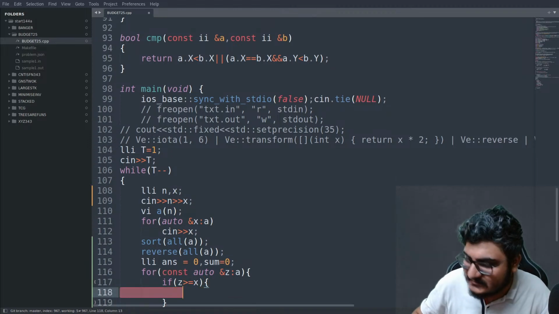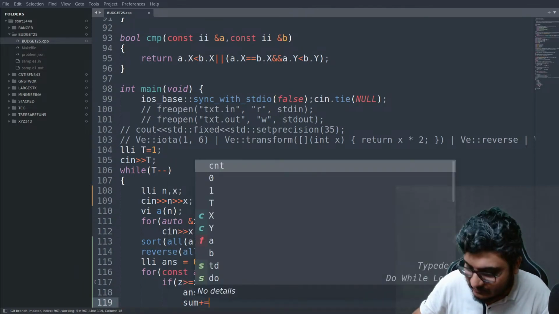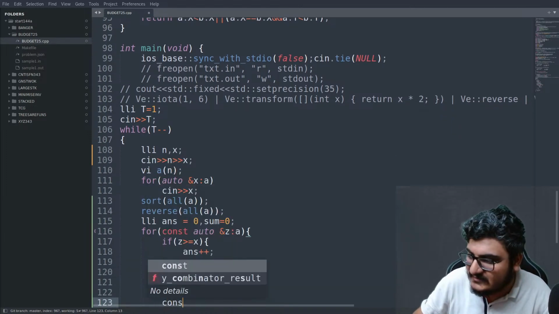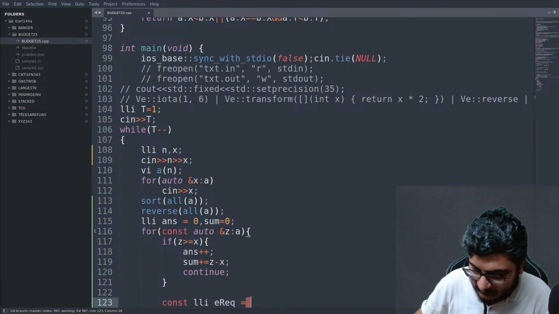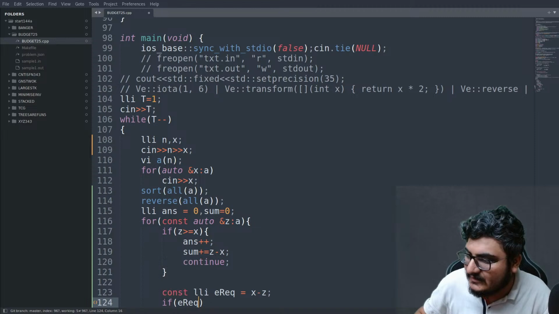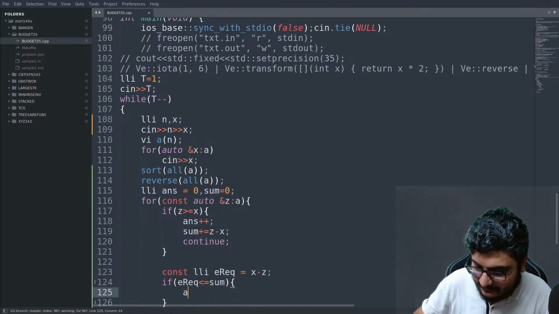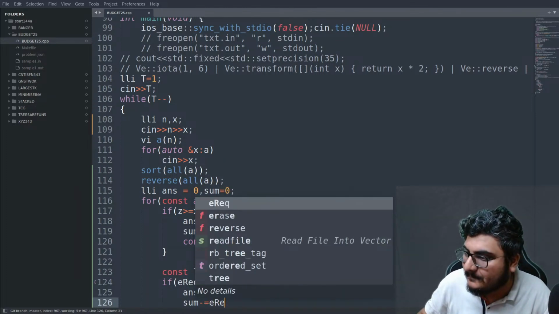If current budget is greater than or equal to x, answer plus plus, and sum plus equal to z minus x. This is the extra amount we have. Otherwise, the extra required would be x minus z. If the extra required is less than or equal to the sum we have, answer plus plus, sum minus equal to extra required.